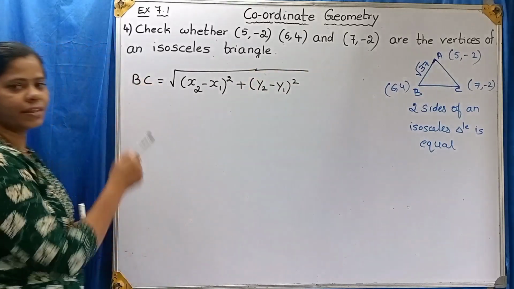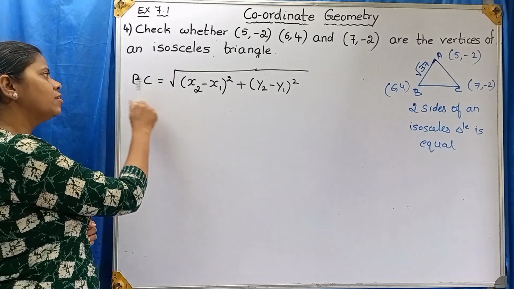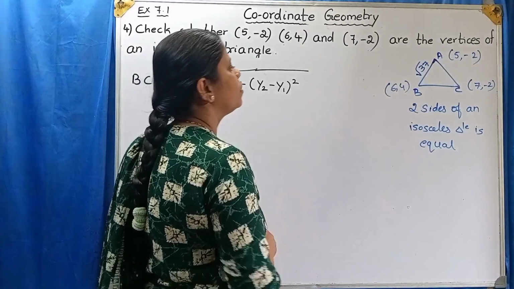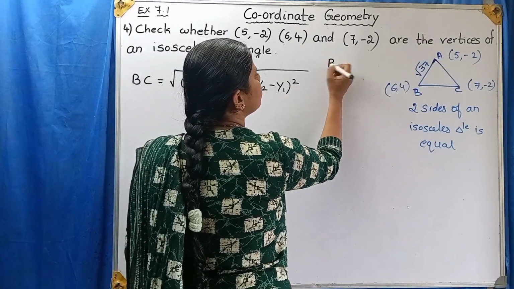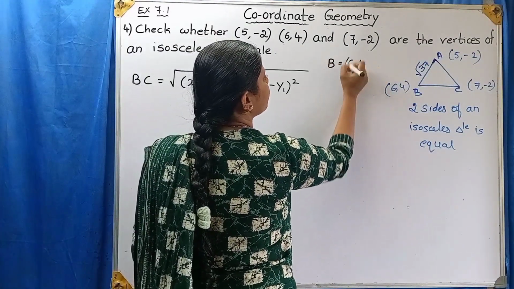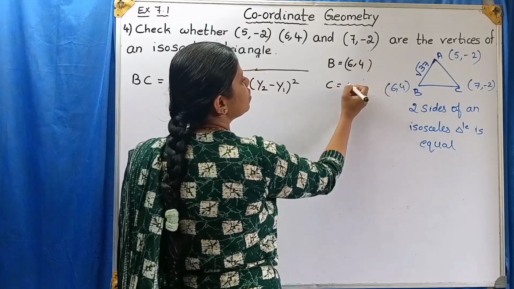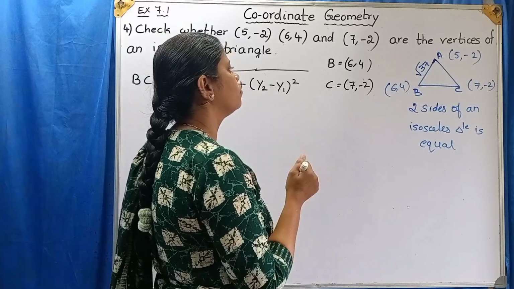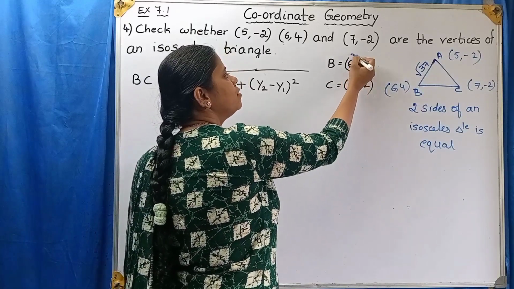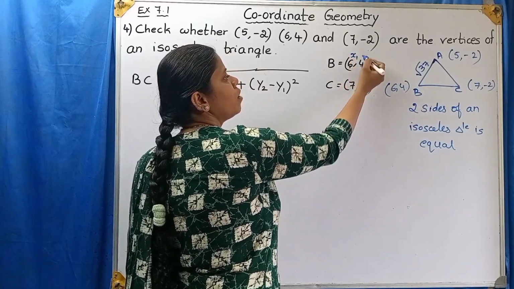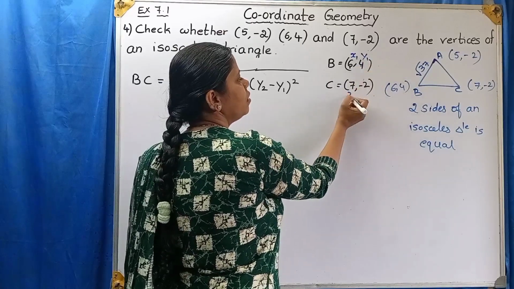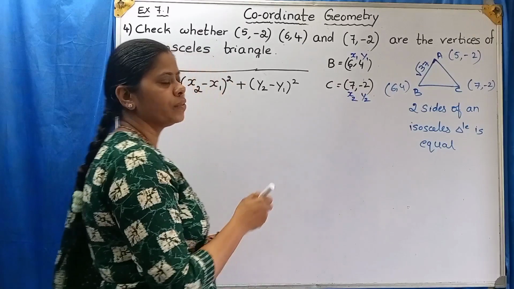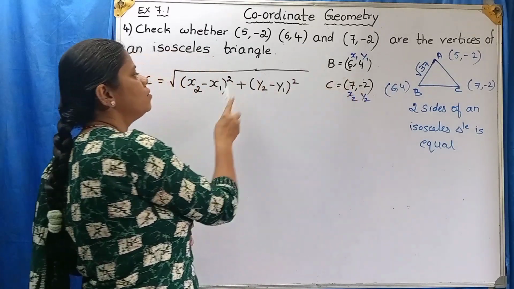This is the formula to find the distance between two points. B is (6, 4) and C is (7, -2). Therefore, the value of x1 is 6, y1 is 4, x2 is 7 and y2 is minus 2. Let us substitute these values.